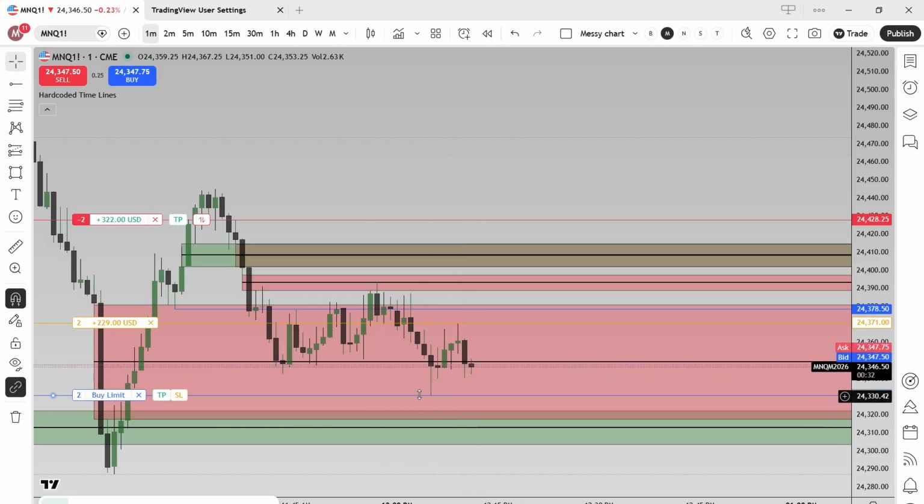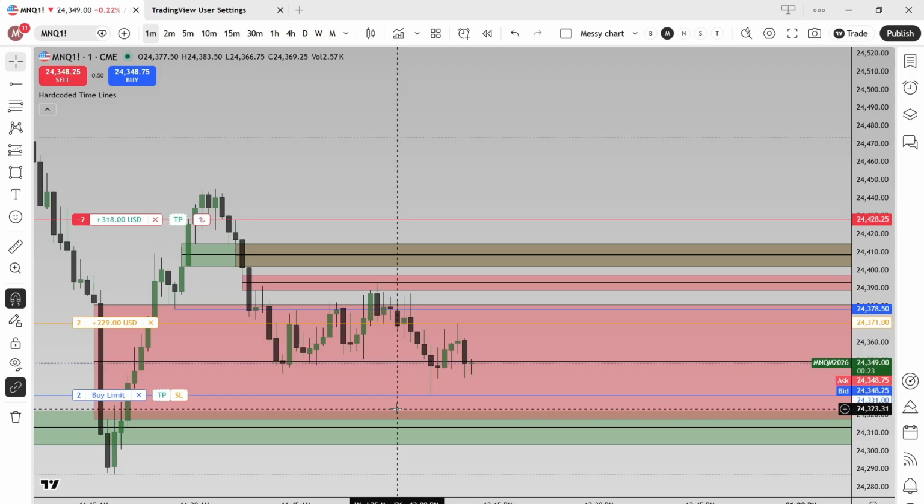Even though this is almost a guarantee for me to get hit eventually, I just don't want to be in this trade any longer. It's just sideways.